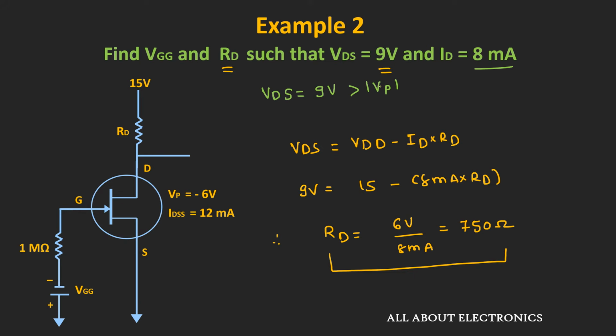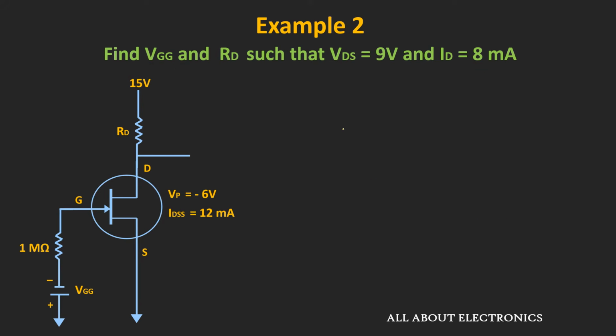So similarly, now let us find out the voltage VGG such that the drain current ID in the given circuit is equal to 8 milliampere. Now as I said earlier, the given circuit is operating in the saturation region, and for that case we can say that the drain current ID is equal to IDSS times 1 minus VGS divided by VP whole square.